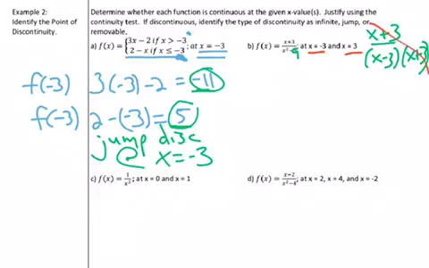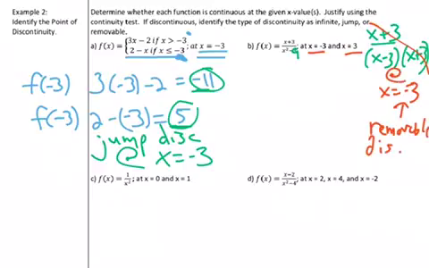We're going to have a hole. And when we have a hole, it's going to be discontinuous at that hole. And the type of discontinuity is, hopefully you guessed it right, removable. Removable discontinuity at x equals -3.